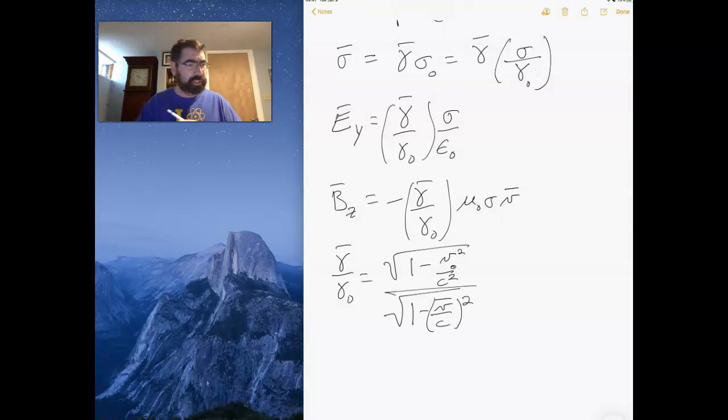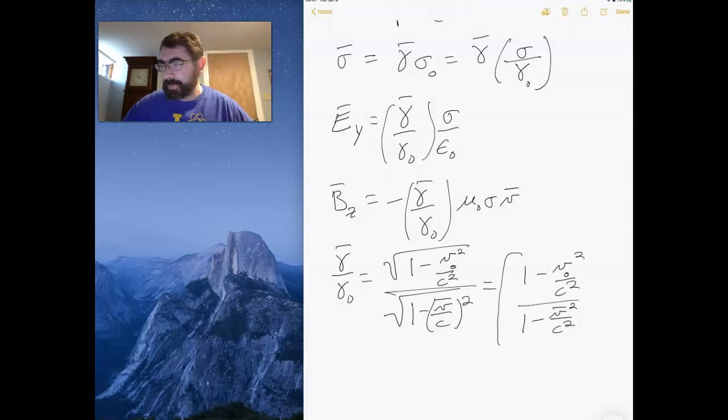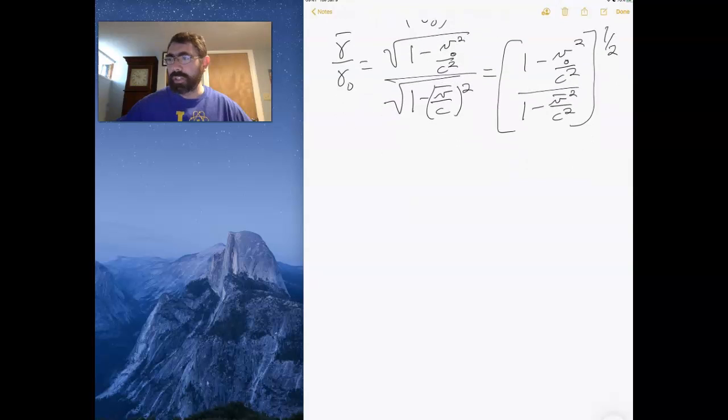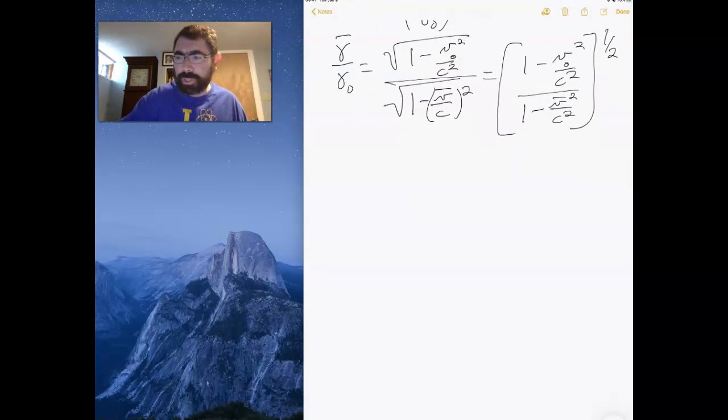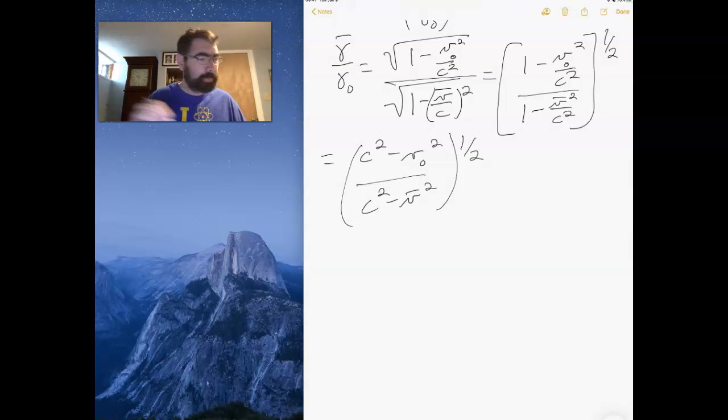Something like that, over 1 minus v bar squared over c squared, all of that to the square root, which you can now write as c squared minus v0 squared over c squared minus v bar squared. Now we'll plug in for v bar.